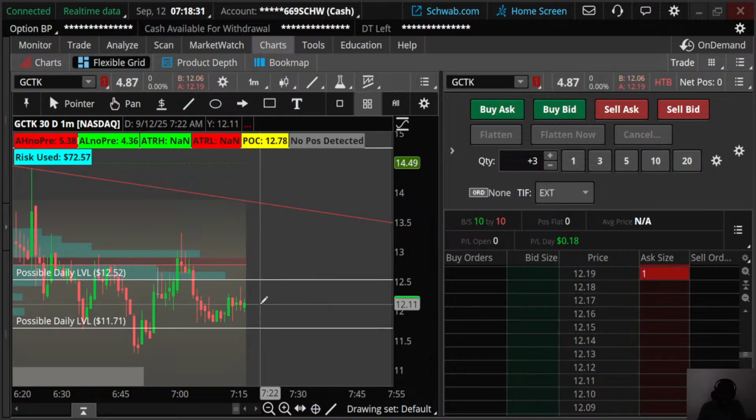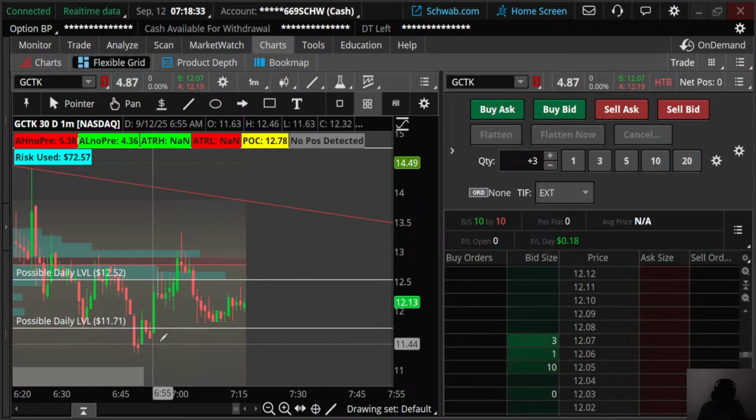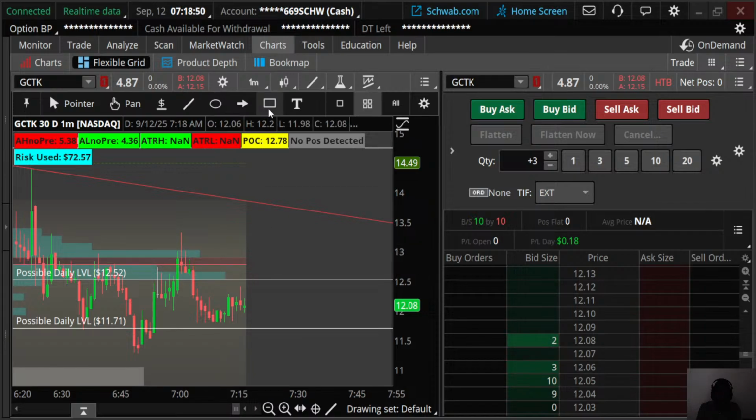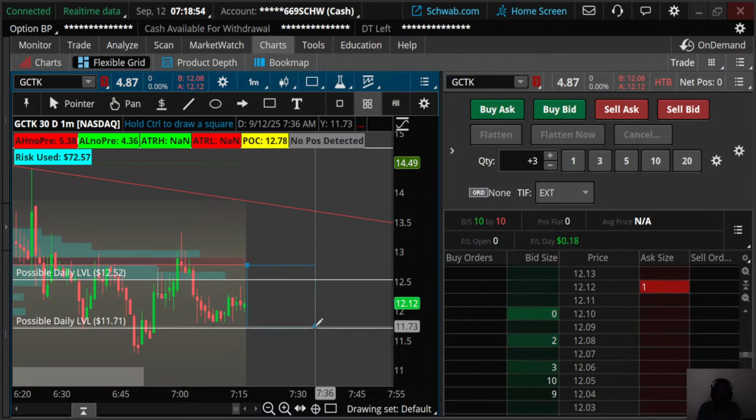Are you ready to stop kidding now? 1244. So where are the points of control right now? This one says 1278 down to, what's the bottom? 1104. So let me mark that up. 1278 down to 1104.